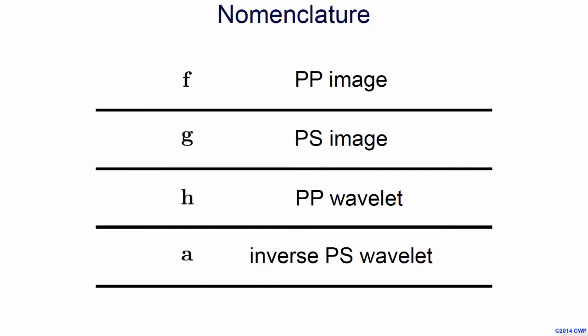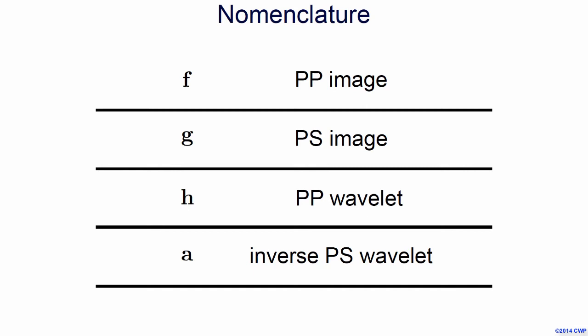Now, before I get into estimating wavelets, I want to redefine some variables. The vector f is no longer a trace, but is an entire PP image, where the vector g is also the PS image. Now, the vector h is the PP wavelet, and the vector a is the inverse PS wavelet.